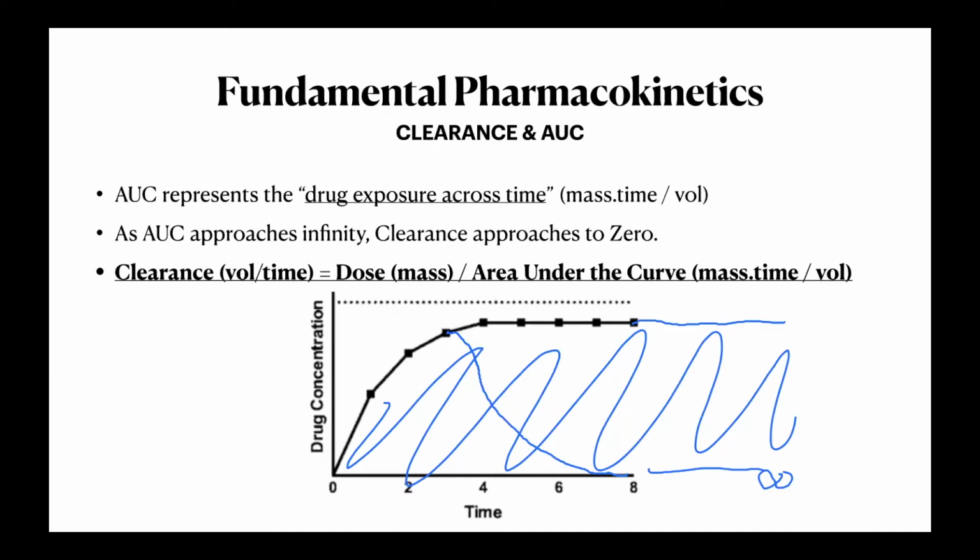And if you look at the calculation below, as the area under the curve approaches infinity, clearance will start approaching 0. That should make sense to you: if you give a bolus drug and it's not being cleared in the body, that drug is going to persist for an infinite amount of time. This is just a theoretical example. There would be no drugs that would have this, but it just shows you the power of this formula here.